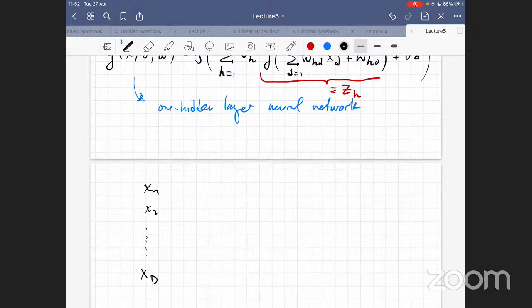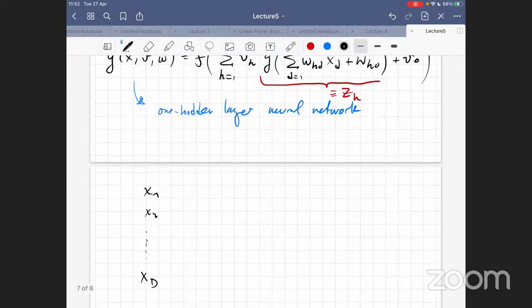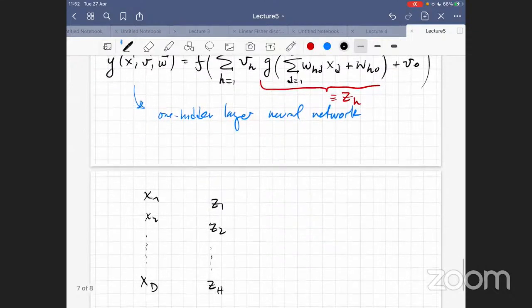Then from the x, I go to the z. I have capital H of them, z1, z2 and so on. And how do I go from x to z?